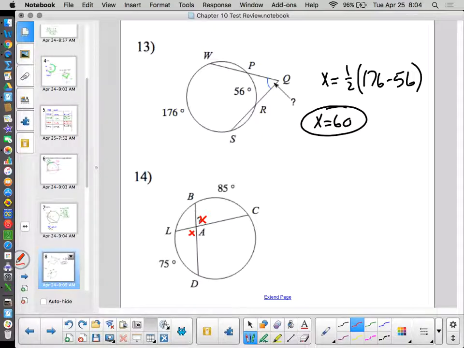The vertical angles, they have to be the same, right? We learned that a long time ago. So the sum of the angles is the sum of the arcs. So 2x equals 160, so x is 80. Okay?